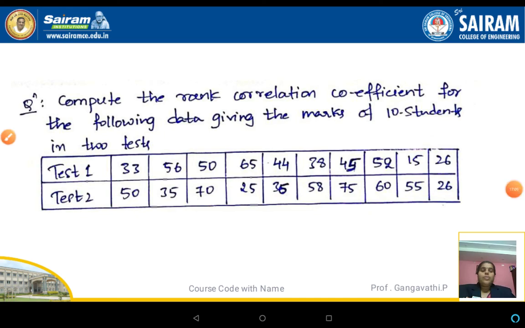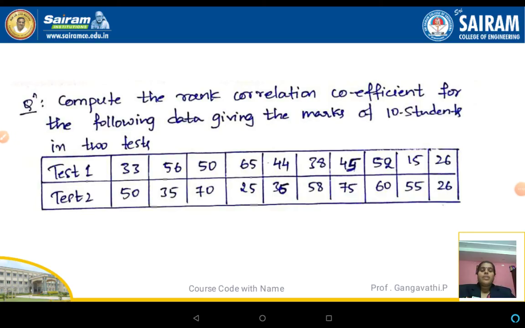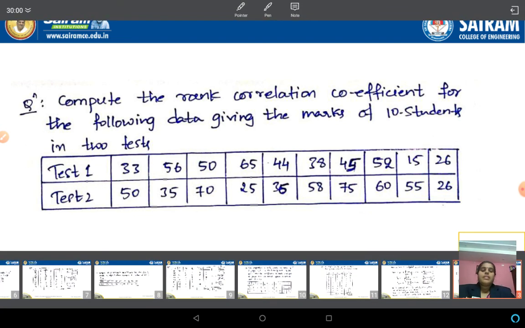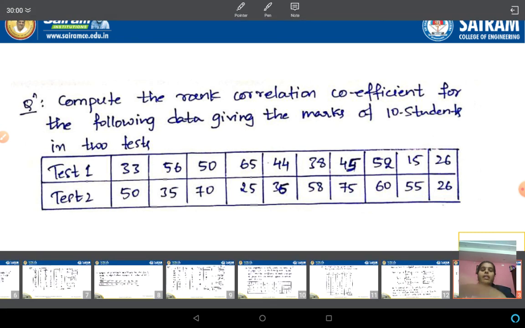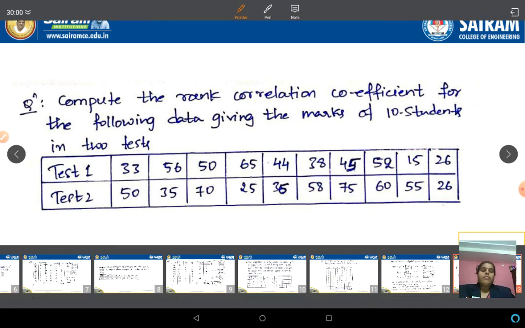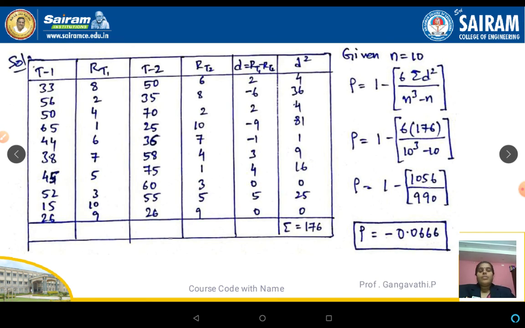And test 2 marks of the 10 students are 50, 35, 70, 20, 20, 36, 58, 75, 60, 55 and 26. It has asked us to find the correlation coefficient.